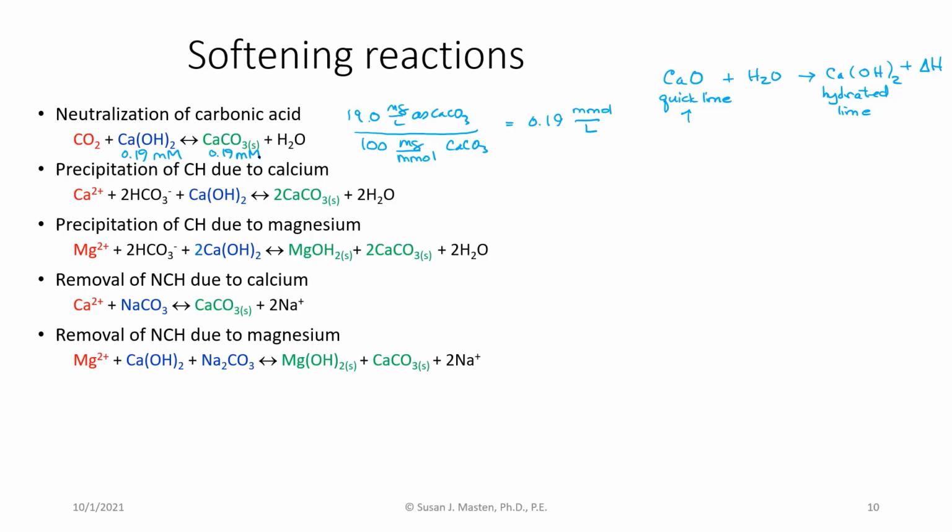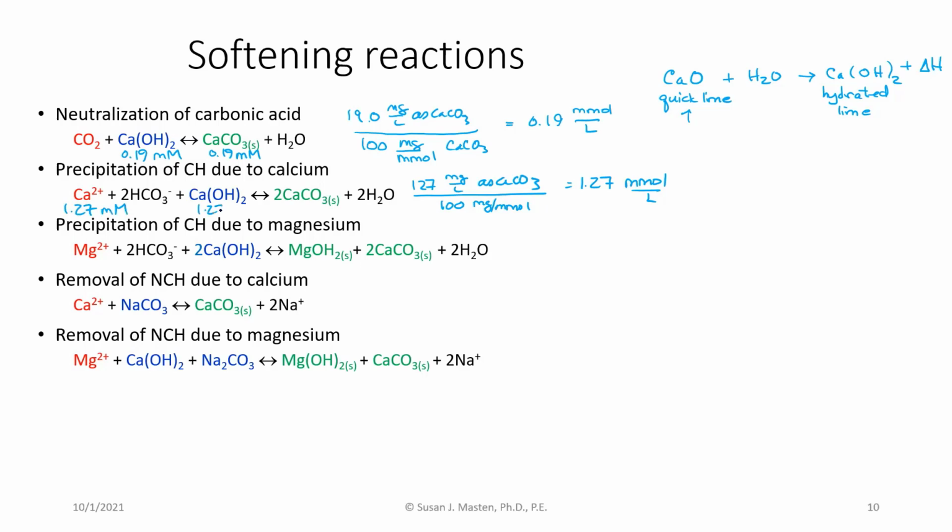Now we calculated the carbonate hardness due to calcium. We said that that was 127 milligrams per liter as calcium carbonate. Again, divide by 100 milligrams per millimole, and that is equal to 1.27 millimoles per liter. So we have 1.27 millimolar.